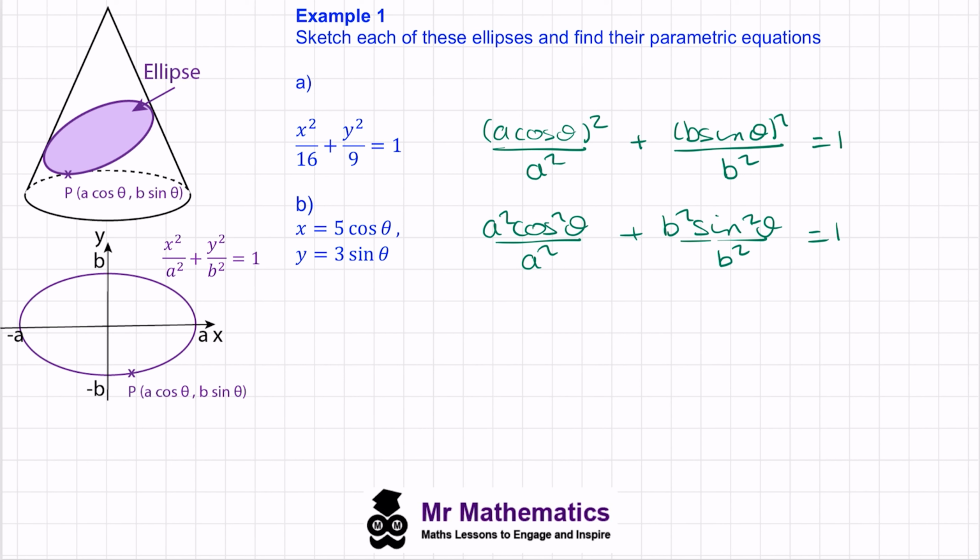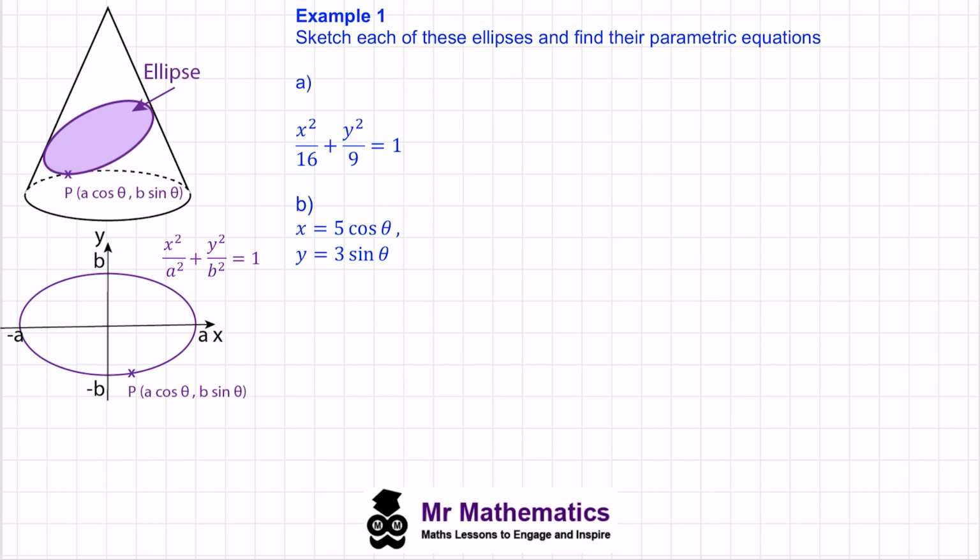Okay, so in example 1, we're going to sketch each of these ellipses and we're going to find their parametric equations. So for equation A, we're going to sketch x squared over 16 plus y squared over 9 equals 1. To find the points on the y-axis, we'll say when x equals 0, well, x squared over 16 would be 0, so we're left with y squared over 9 equals 1.